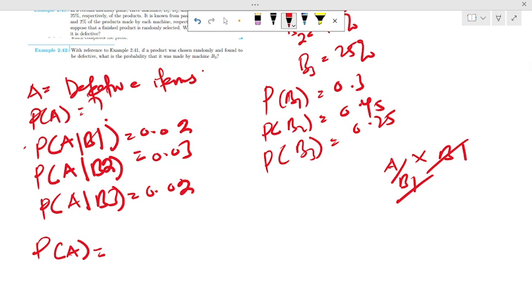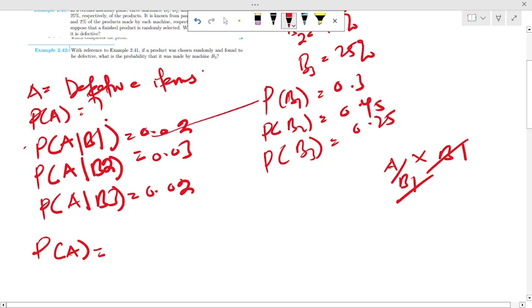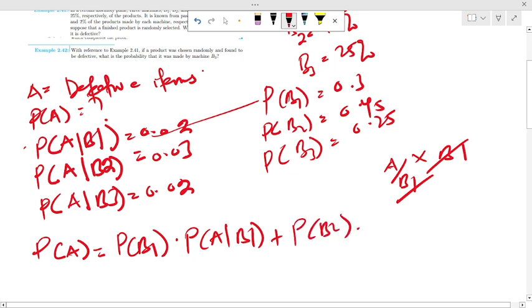If I multiply the probability of B1 times this, I get A. If I multiply the probability of B2 times this, I get A. If I multiply the probability of B3 by this, I get A. So if I add them, I get A. So the same formula is what I'm going to use: probability of B1 times probability of A given B1, plus probability of B2 times probability of A given B2, plus probability of B3 times probability of A given B3, right?